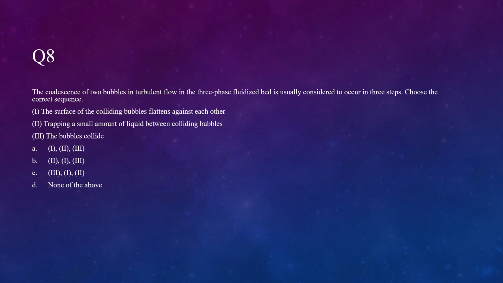Just take a minute to analyze the events and then we move on to question 9. So the series of events is: the bubbles collide, the surfaces flatten, they trap a small amount of liquid, and then the surface bursts out and the coalescence of two bubbles occurs and they grow into a larger bubble.